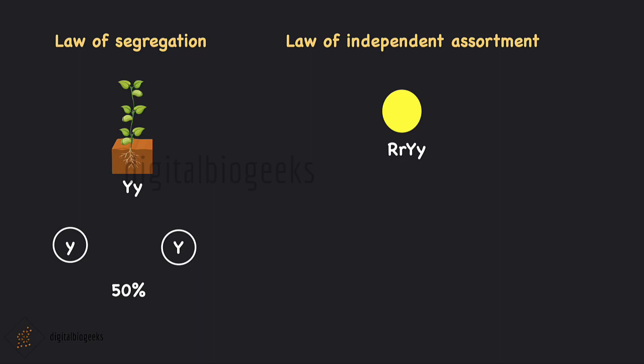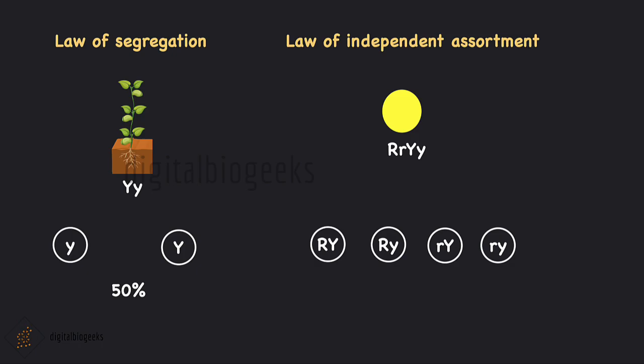To understand the law of independent assortment, let's check the previous example one more time. Our F1 generation was capital R, capital Y and small y. During gamete formation by meiosis, there are equal chance that the gamete gets capital R, capital Y, capital R, small y, small r, capital Y and small r, small y.